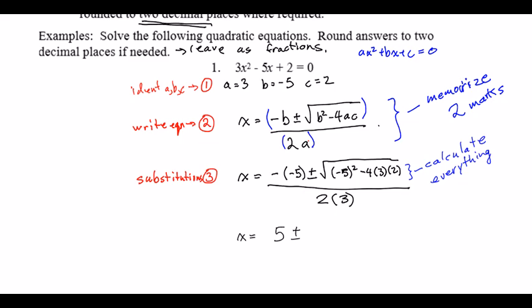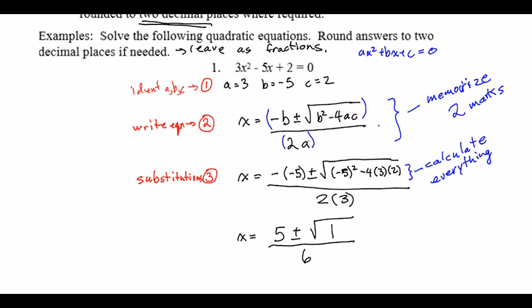By punching in the calculator, you're going to get the following answer: the square root of 1. So everything under the square root sign, you pump in negative 5 squared minus 4 times 3 times 2. You get an answer, you put it under the root sign. And then we finish with the simplification of the bottom, which is 2 times 3, which is 6.